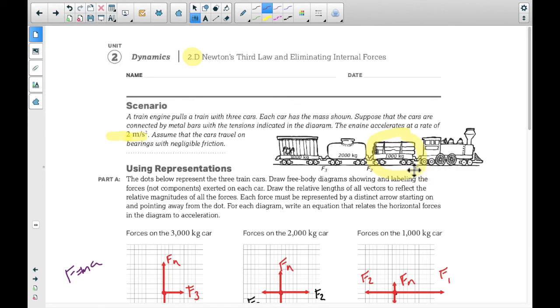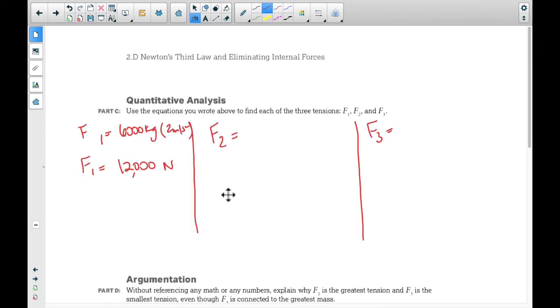So here the F1 is pulling all 3 of them, and F2 is only pulling these 2, and F3 is only pulling this one. And the acceleration is 2 meters per second squared. And so this is pulling 6,000 kilograms at a rate of 2 meters per second squared.